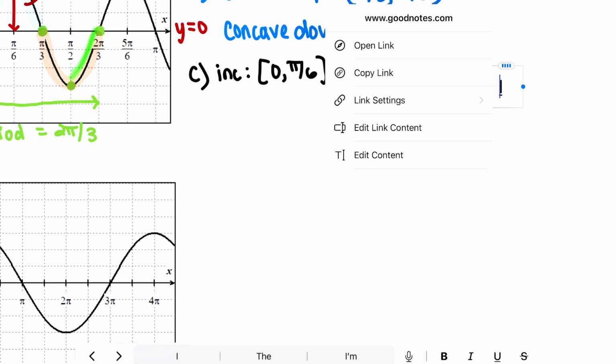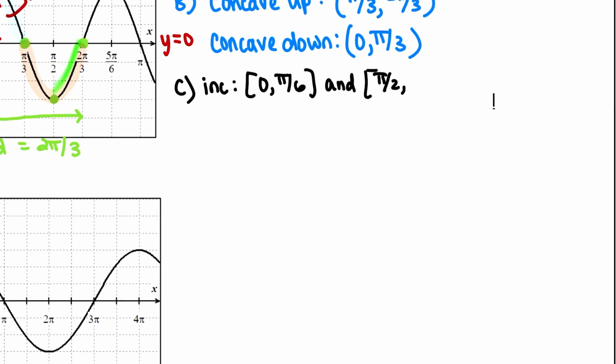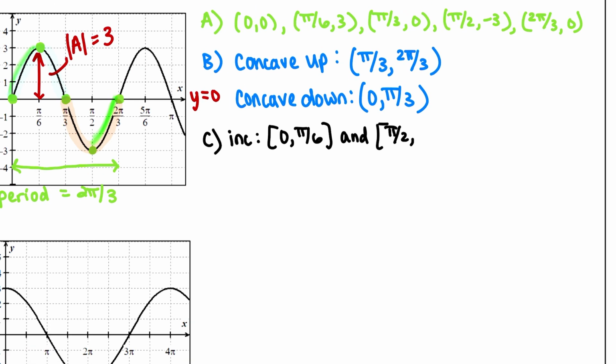We're just going to leave it there. Actually, no, let's just undo it like that. Okay, moving on. We have pi over 2 to 2 pi over 3 for that. And then our decreasing interval, just one interval in this case, is from pi over 6 to pi over 2.